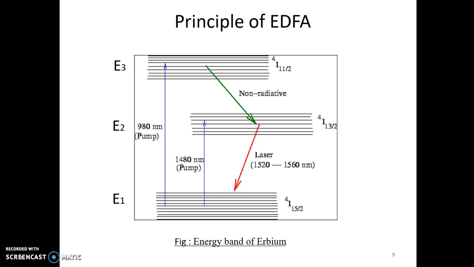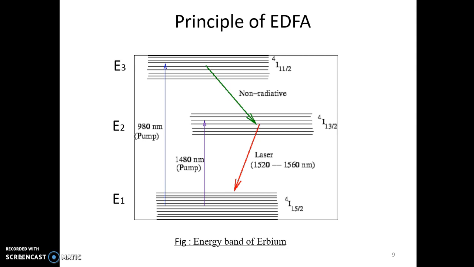For simplicity, we'll model these three groups E1, E2, and E3 as the ground, metastable, and upper states. In the absence of any radiation, the ions are in their ground state. If a beam of light of appropriate frequency is incident on the system, the ions will be excited to the higher levels. This radiation is called pump radiation.